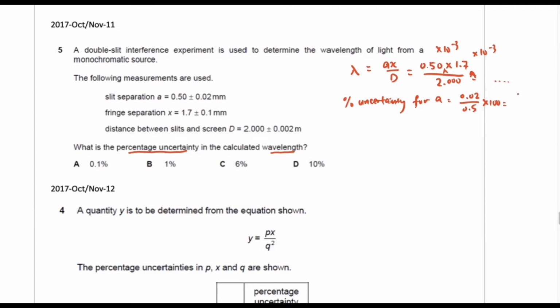So we get 4%. Percentage uncertainty for x: 0.1 over 1.7 times 100. So we get 5.9%.